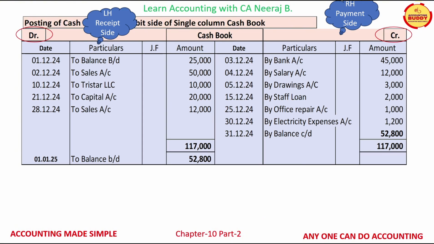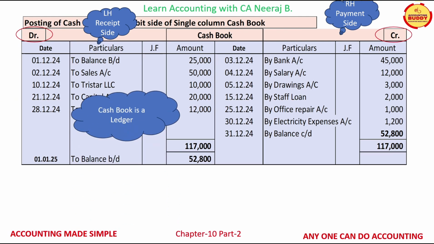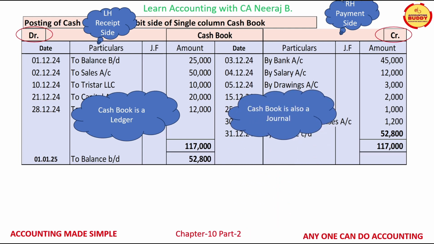Appearing of debit and credit entries in the cash book reflects the ledger nature of the cash book. Now, in order to complete the dual aspect of accounting, the posting of receipts and payments will happen into respective ledger accounts. That makes the cash book a journal as well.